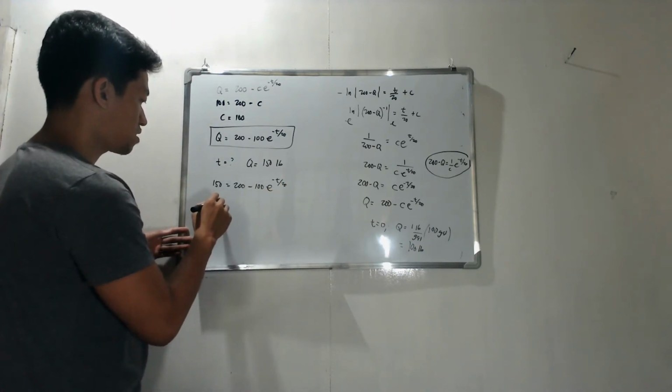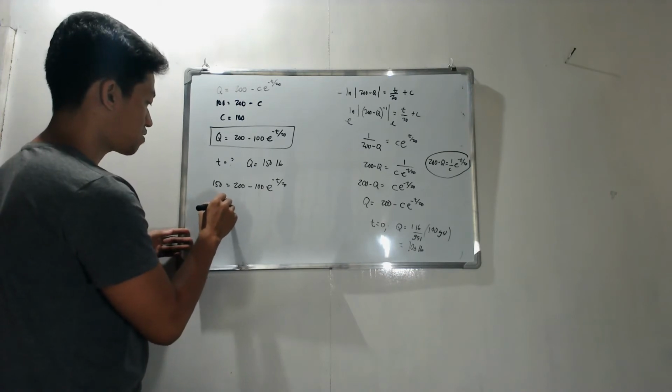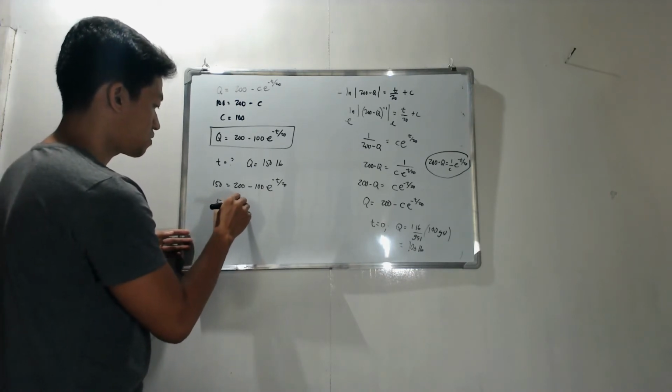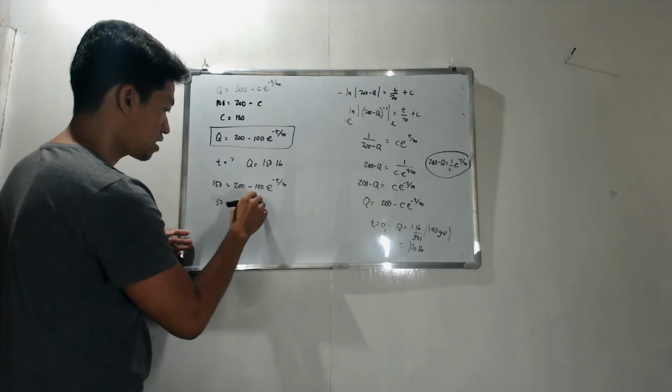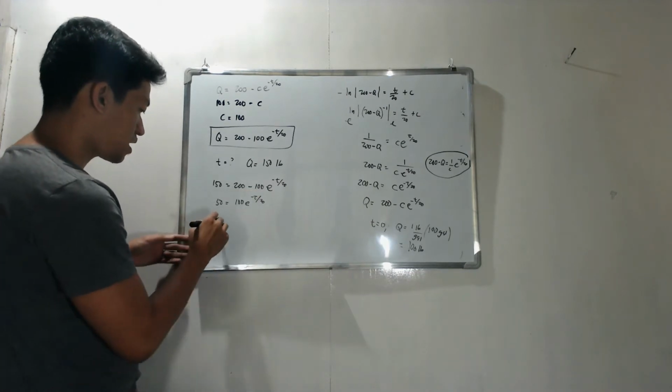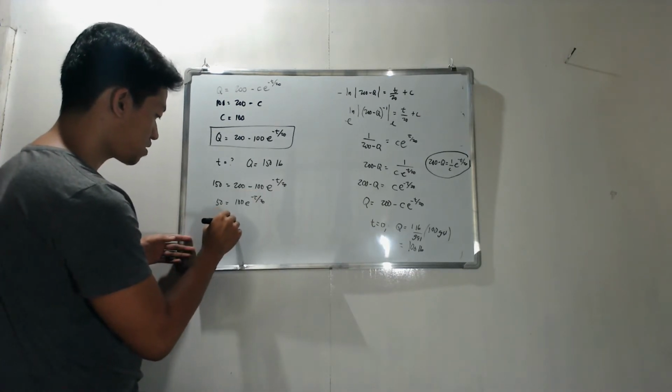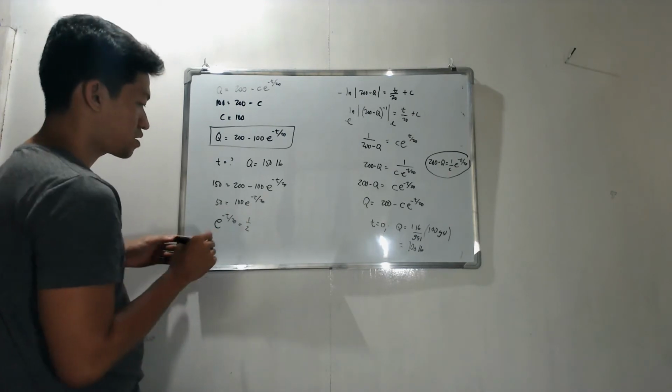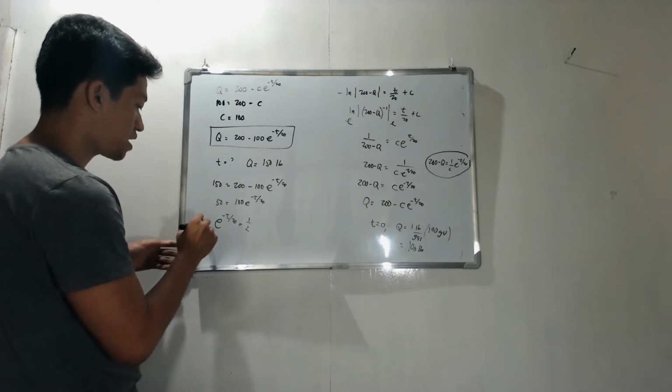Therefore, you have 50 over 100 equals e to the negative t over 20. So e to the negative t over 20 equals 1/2. Apply ln.